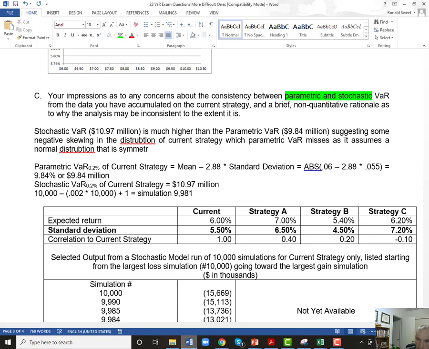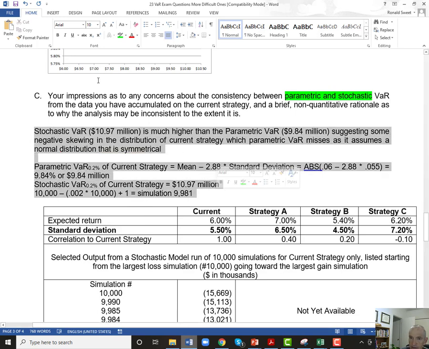And I know I've got typos all the way in there. I can't type and talk at the same time. Distribution is a word I can't spell, but there's your answer there, and you have all of that in your answer.